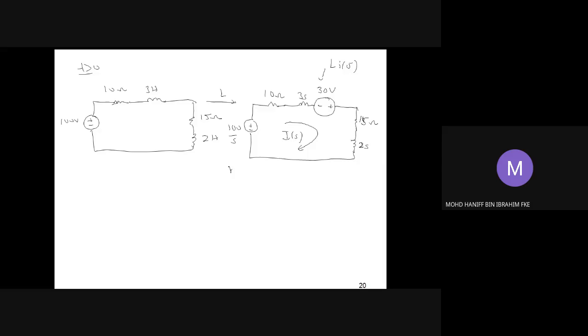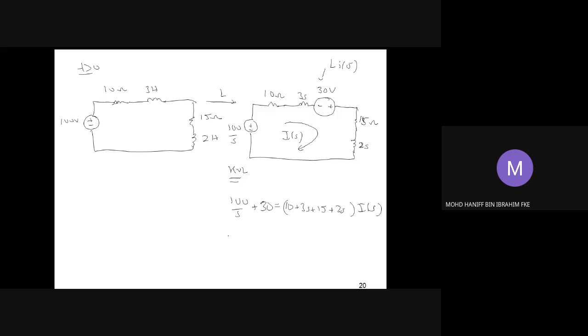Using KVL, you have to apply it for this circuit. So you're going to have 100 over S plus 30. This is the contribution of this voltage source, so plus 30. Then it should be equal to 10 ohm times IS plus 3S plus 15 plus 2S times IS. That should be your equation for the KVL.